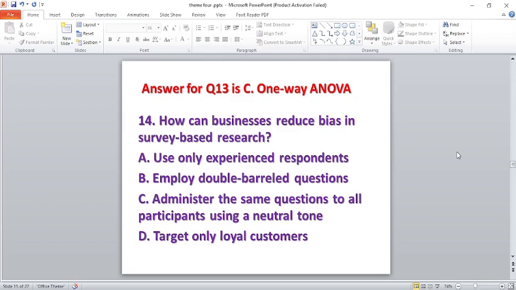D. Target only loyal customers. The answer for this question is C. Administer the same questions to all participants using a neutral tone.